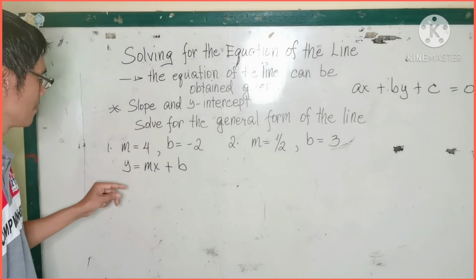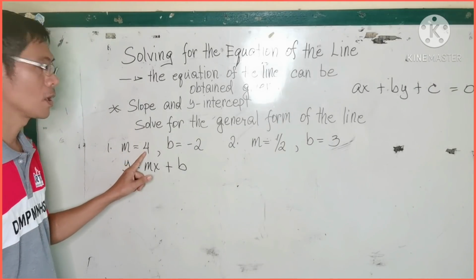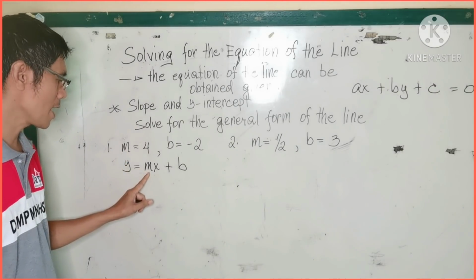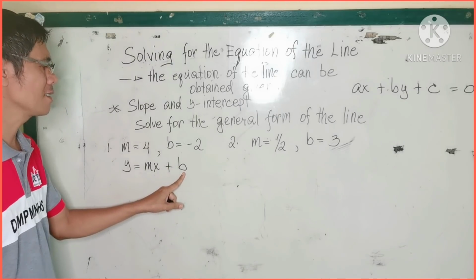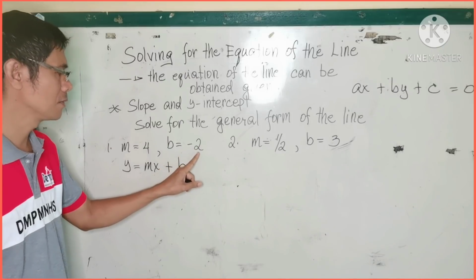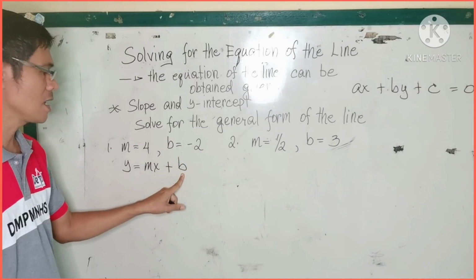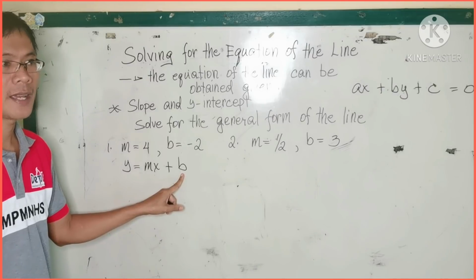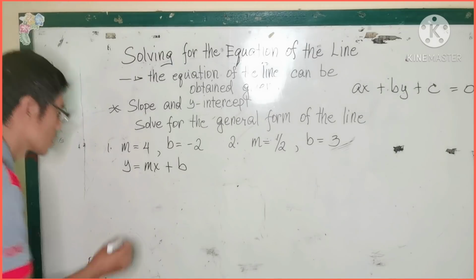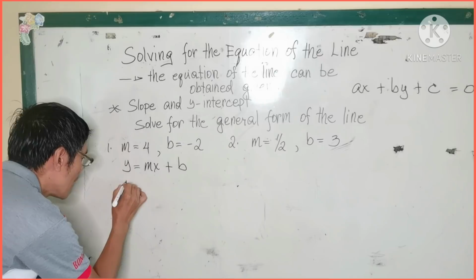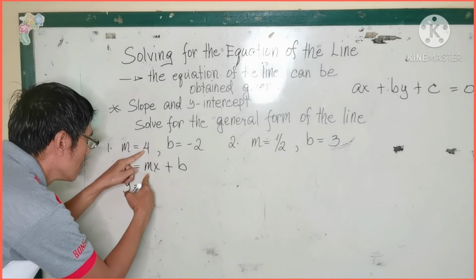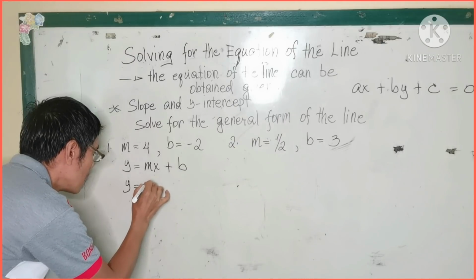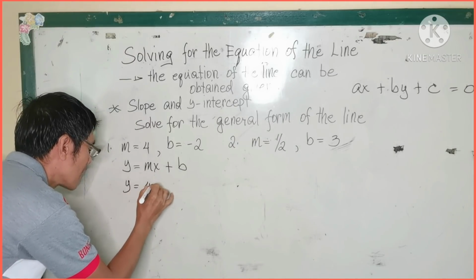From the given, m is equal to 4, so our m here will become 4. And b, or y-intercept, is equal to negative 2, so our b here will become negative 2. Substituting, we have y is equal to, our m is 4, so we write 4 instead of m.